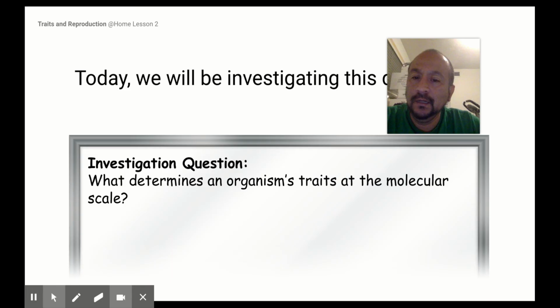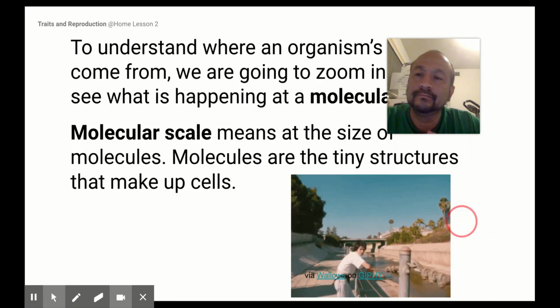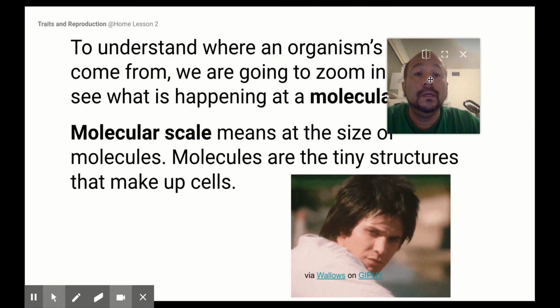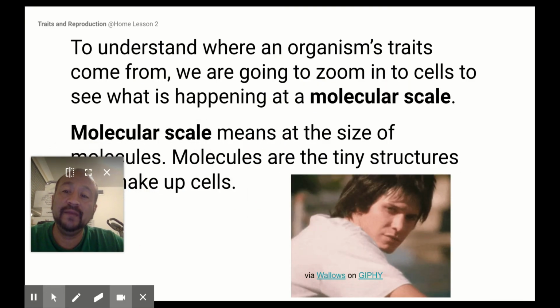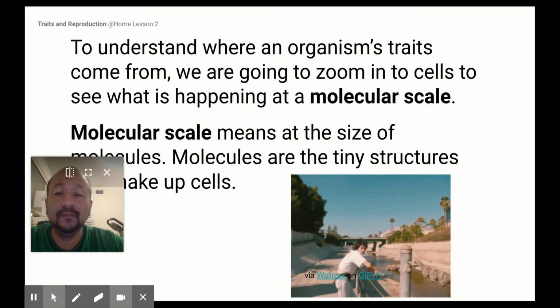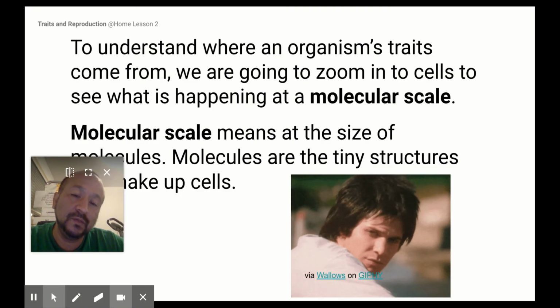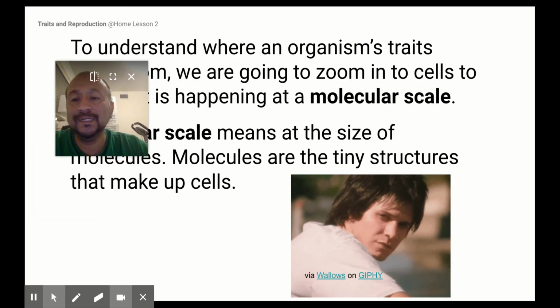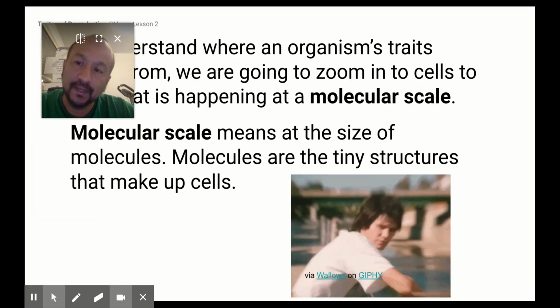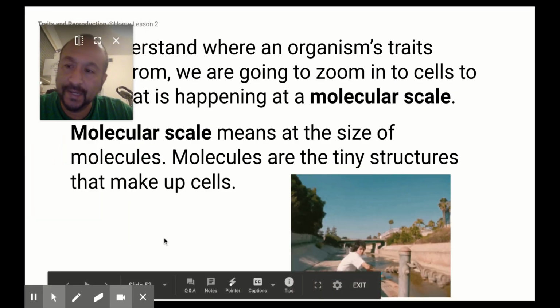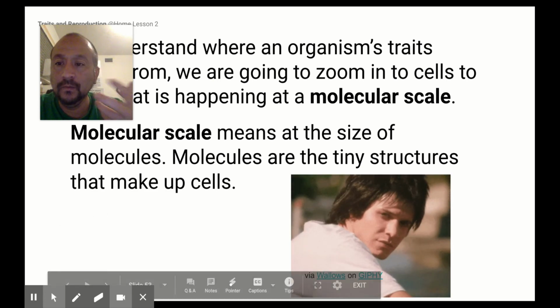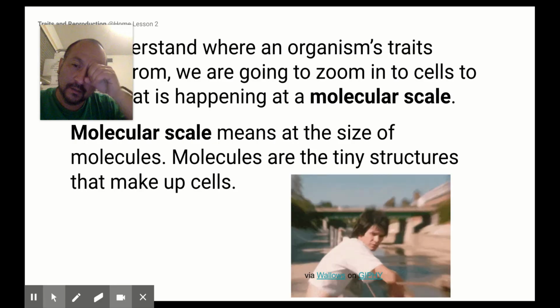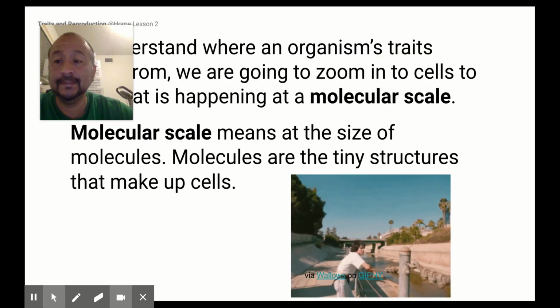Okay, and figuring out what's going on in there. To understand the organism's traits, we have to look at a molecular scale, meaning the size of the molecules. Remember, molecules are the tiny structures that make up cells. So tiny, we cannot see them with the naked eye. We need a microscope to see.